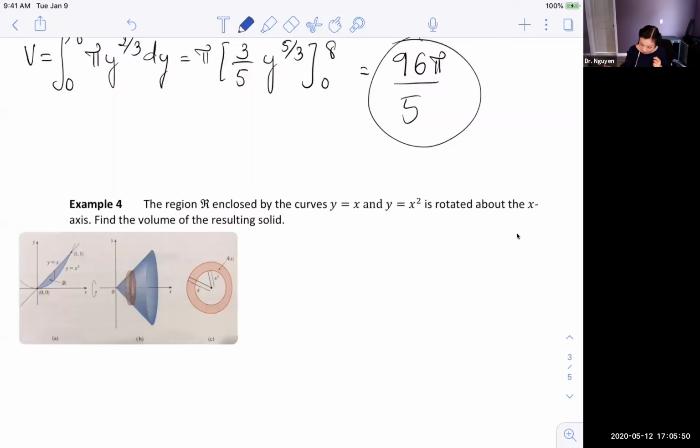Now, one important thing is the points of intersection. So let's take care of that. You see I have the graph for you right there. So the points of intersection are (0, 0) and (1, 1).